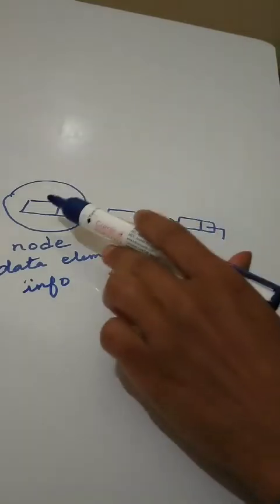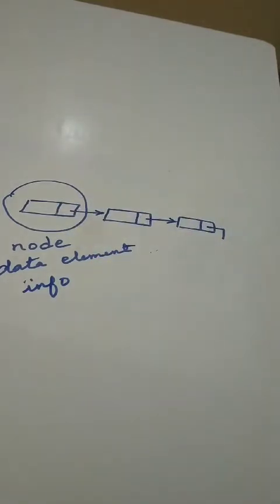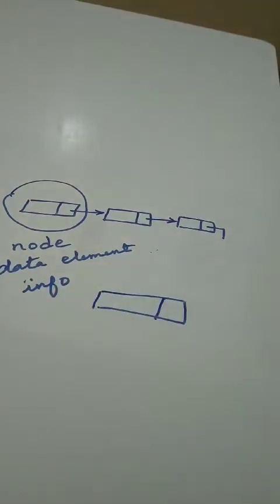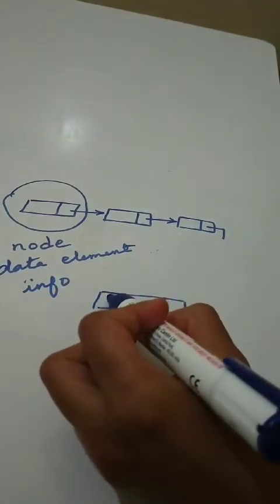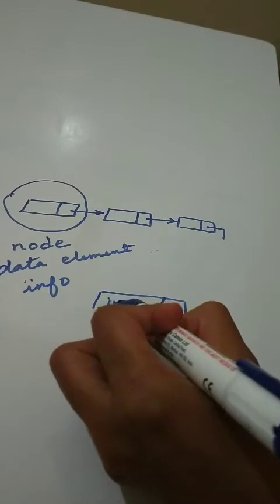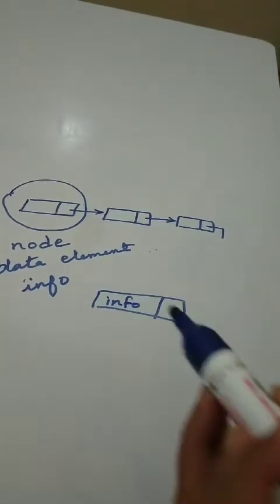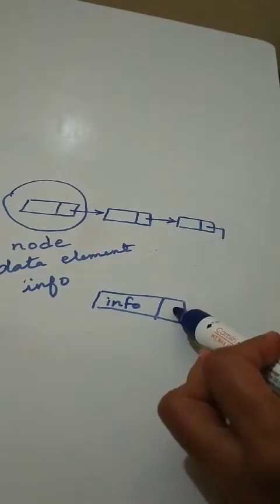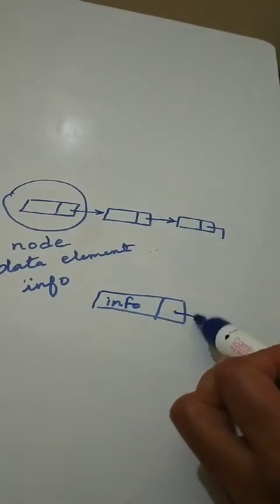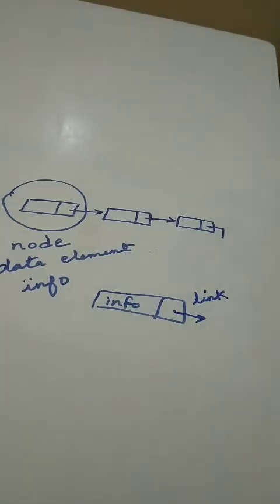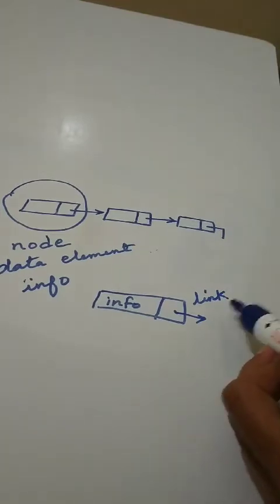This node is made up of 2 parts. The first part is the information or the data, and the second part is a pointer or a link to the next node in the list.